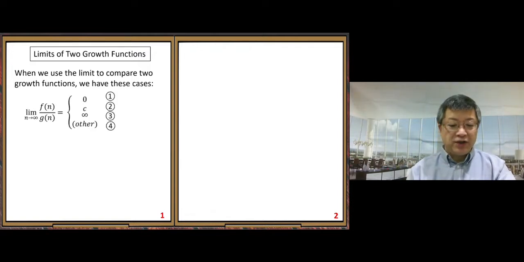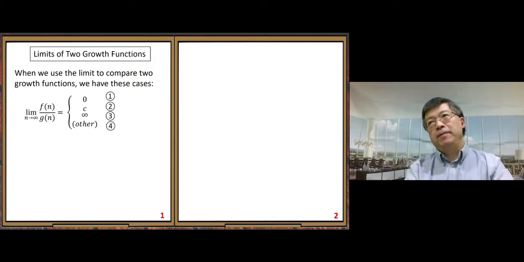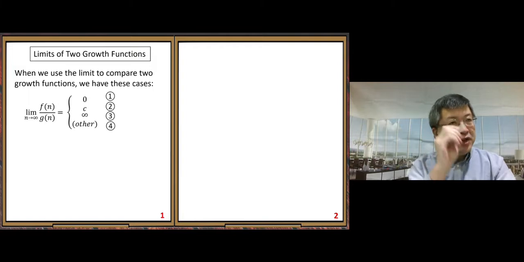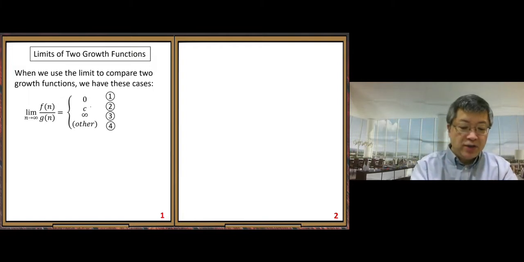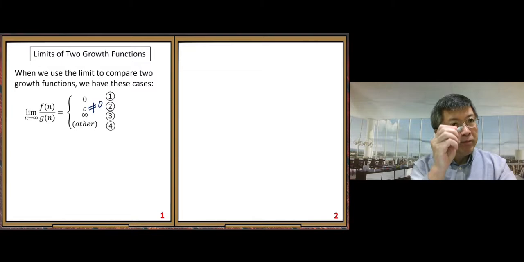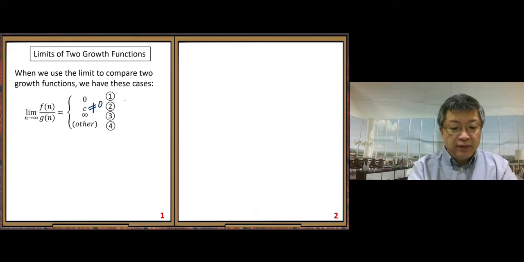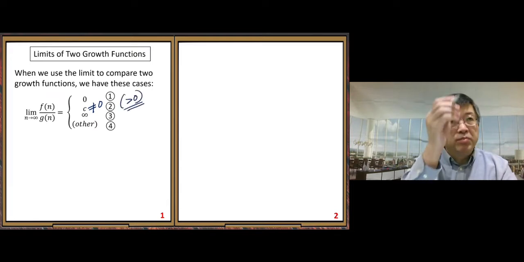The first case, the limit is 0. The second case, non-zero constant c. So this c cannot be 0. Another thing, when we compare two growth functions, we assume the growth functions are positive.